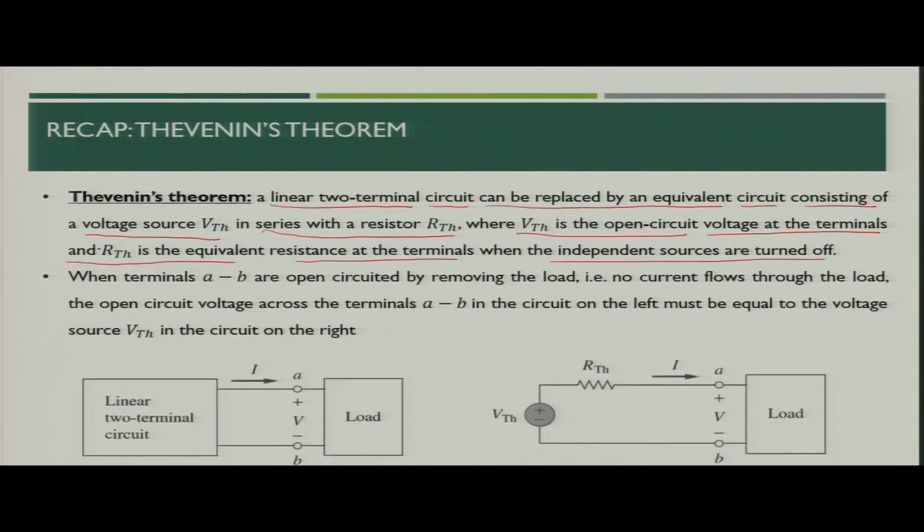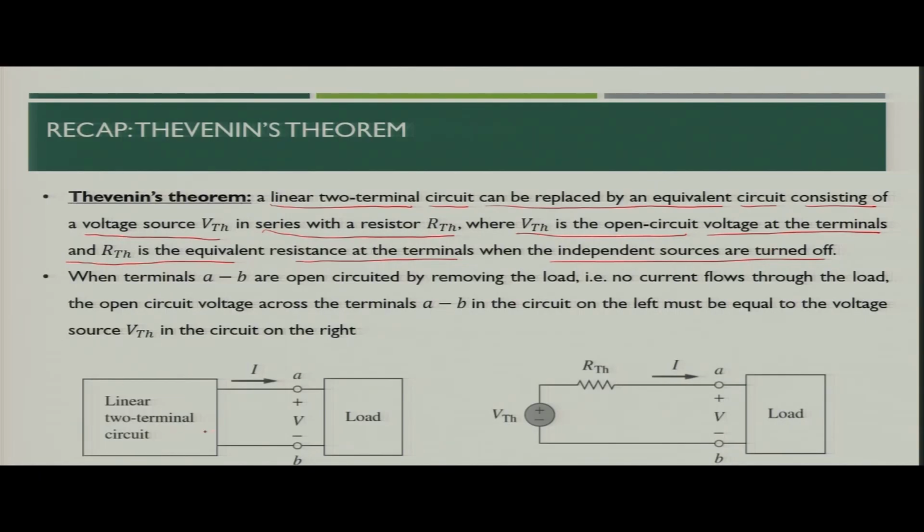So, when we calculate Rth, we turn off the independent sources. That means the independent voltage source would be short circuited and the independent current source will be open circuited.